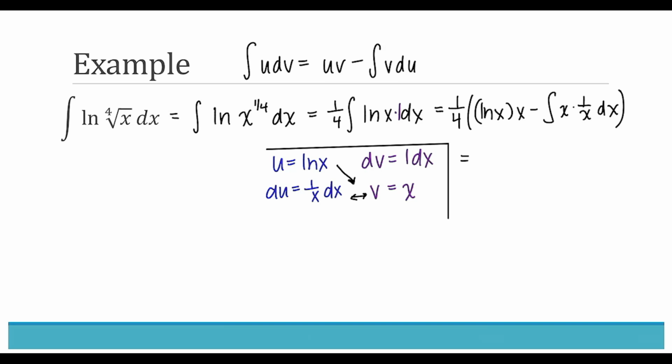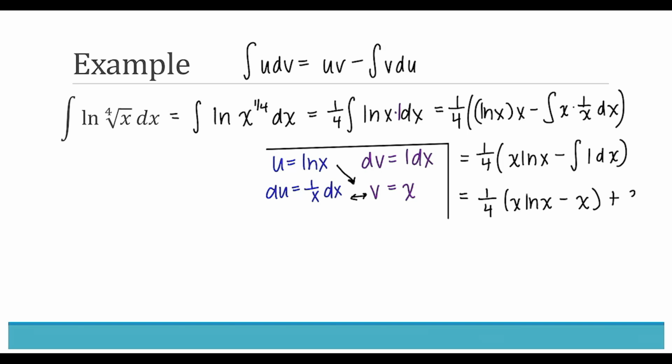So this is now 1/4 times x natural log x minus the integral of just 1 dx. So the x times 1 over x became just 1. The antiderivative of 1 dx, again, is just x. So I have 1/4 x natural log x minus x plus my constant c.